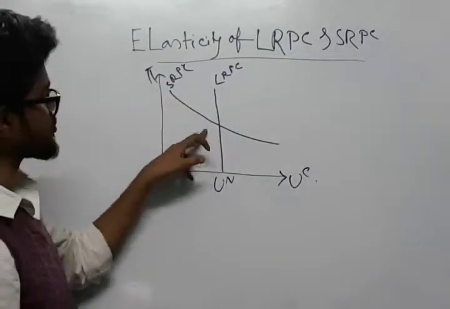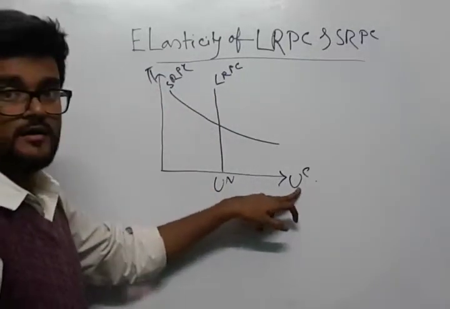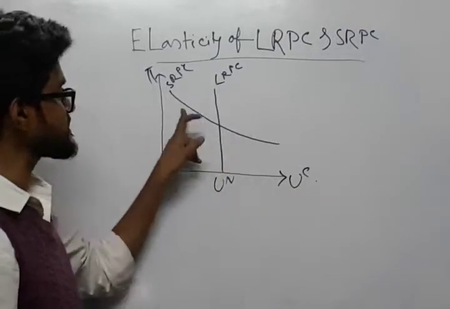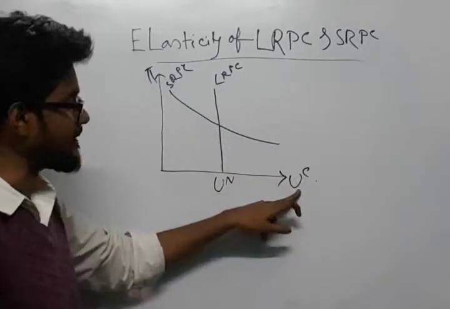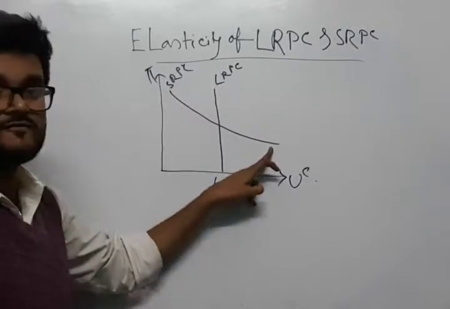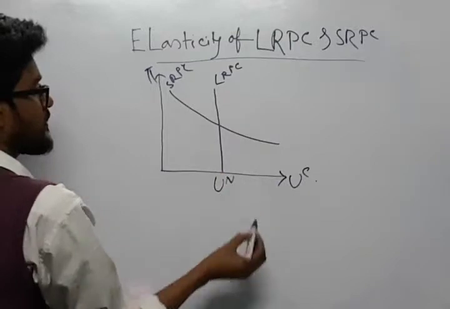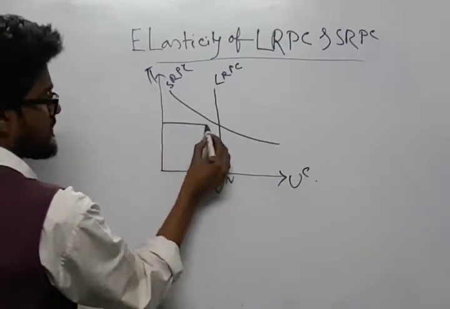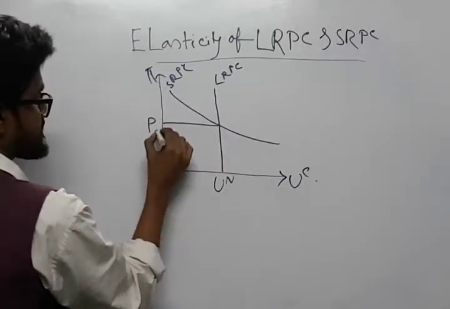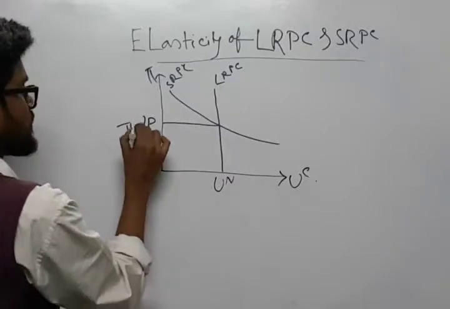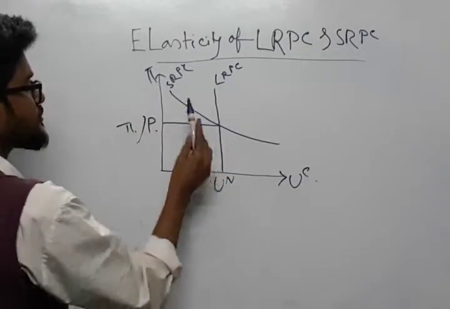It shows the relationship between inflation and cyclical unemployment, which is negatively sloped because cyclical unemployment and inflation are inversely related to each other. Now, as you can see, this is the price level or inflation level. So, which one is steeper?